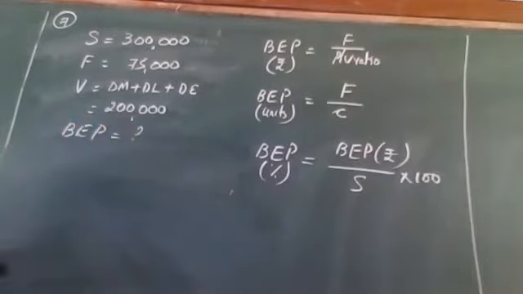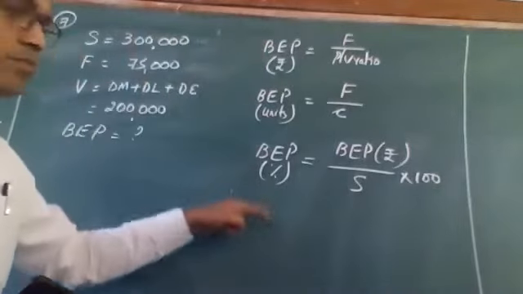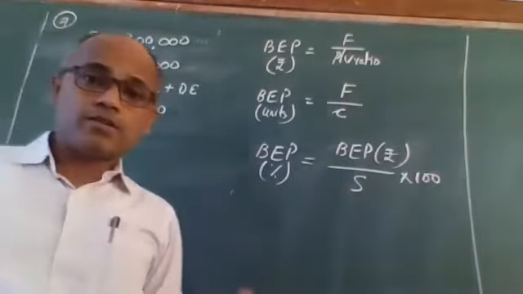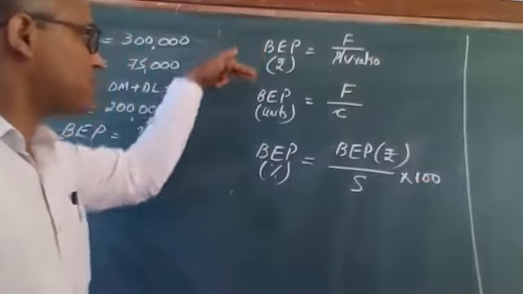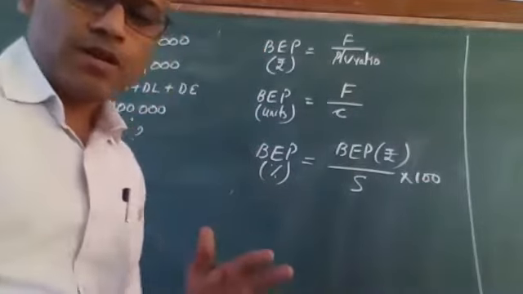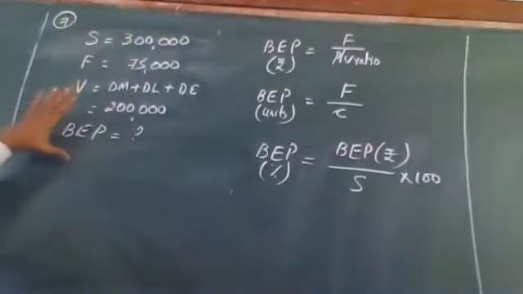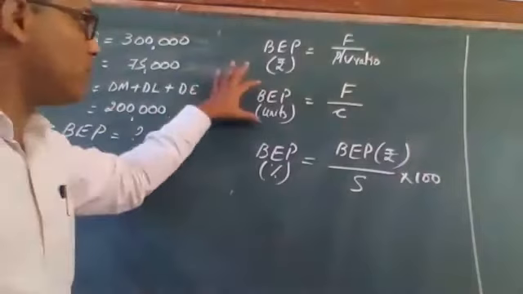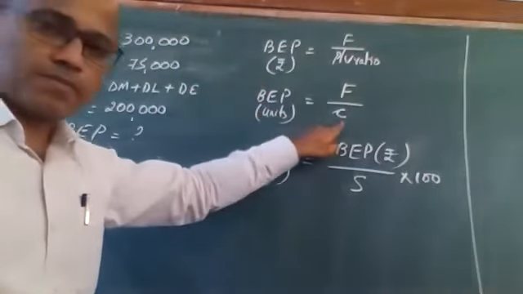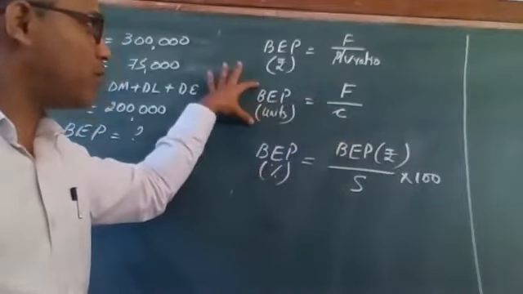This is the question. So guys, you have the question in front of you. Now the student will say, sir, should I calculate in rupees or in units or in percentage? How do I know? Now you tell me which one you will find out first. Is it possible to find out break-even point in units? What do you need for break-even point in units?